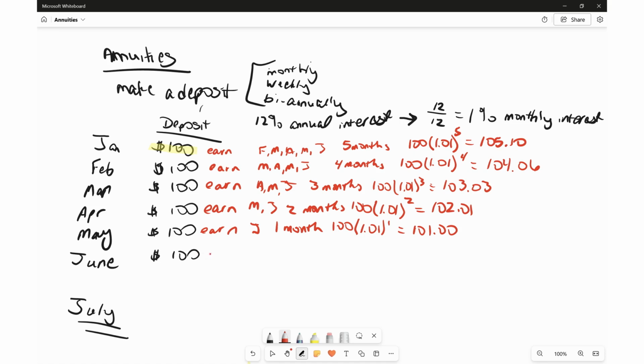And the money that we deposit in June isn't going to earn any interest. So that's just going to be $100.